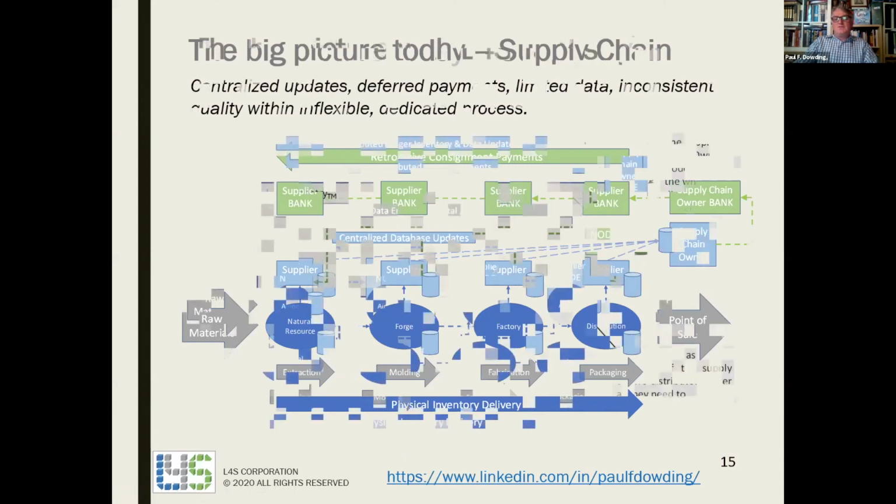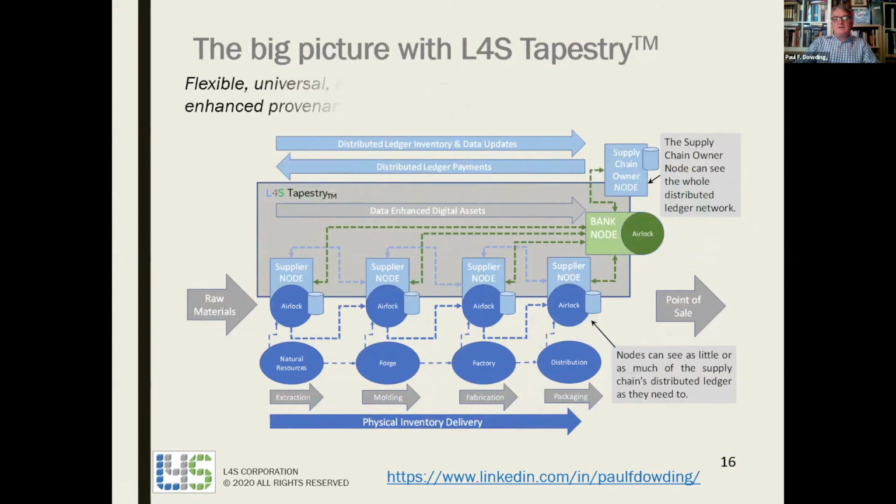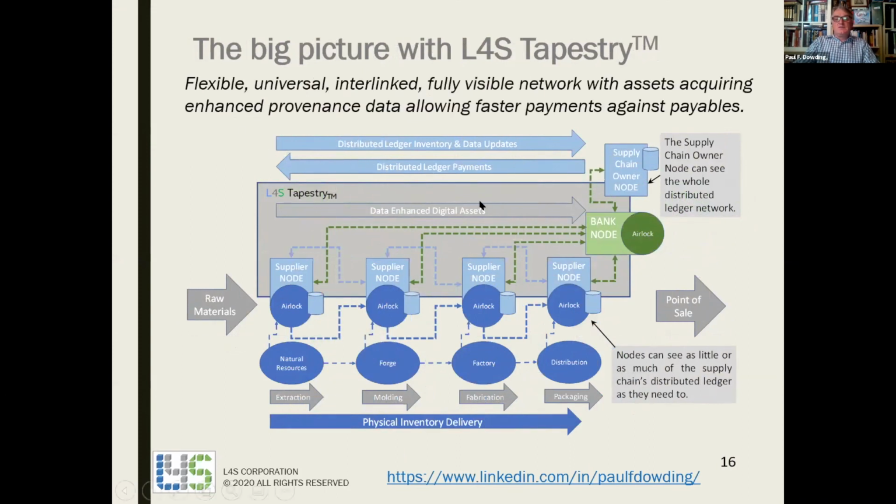If you look at the distributed ledger, you've got the idea of enhanced data traveling with the assets as they progress, and payments occurring at whatever time the financing is available, in the opposite direction to the digital assets going through the distributed ledger. And the nodes have the choice: this node really only needs to worry about itself, who it delivers to, and who it received from.